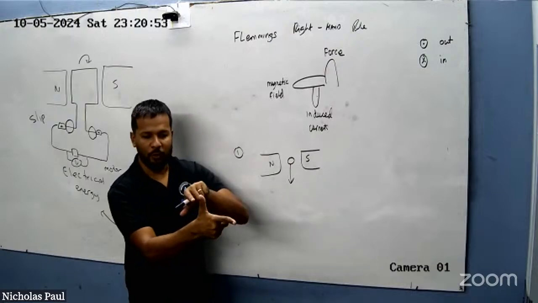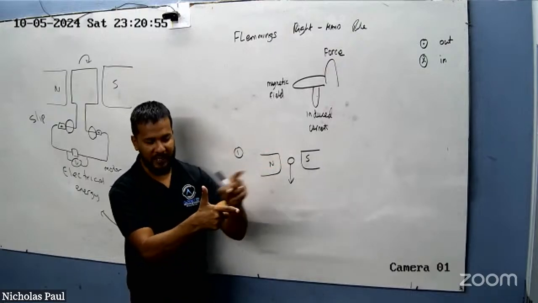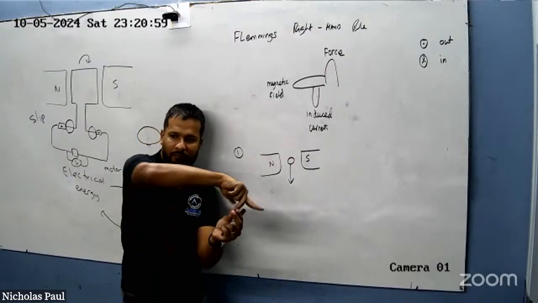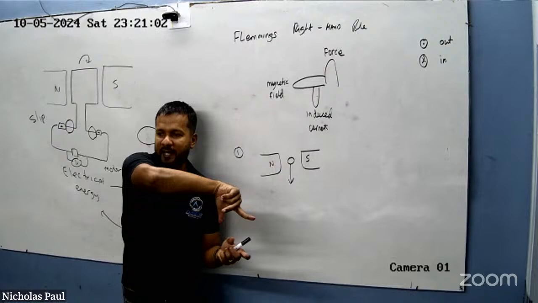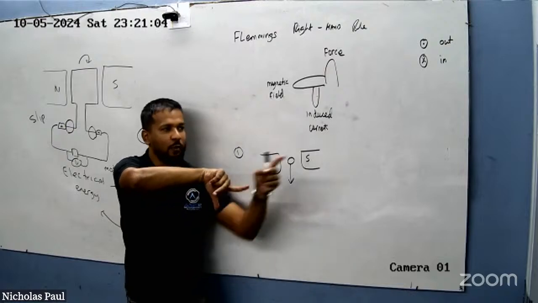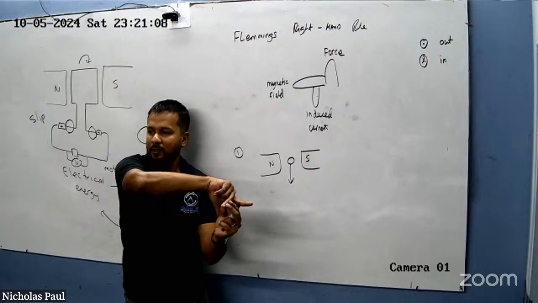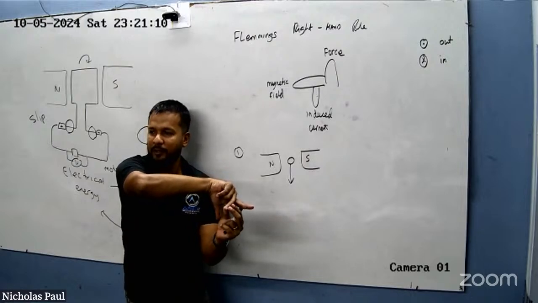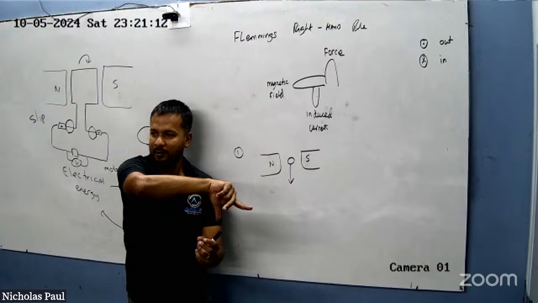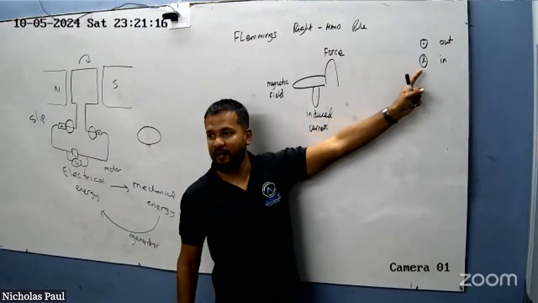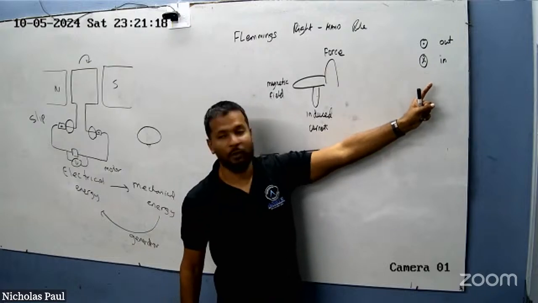Down. So this finger has to stay pointing that way, and your thumb has to go downwards. So your first finger going that way, your thumb pointing downwards, your middle finger pointing out. So which one are you using here? Dot or the X?